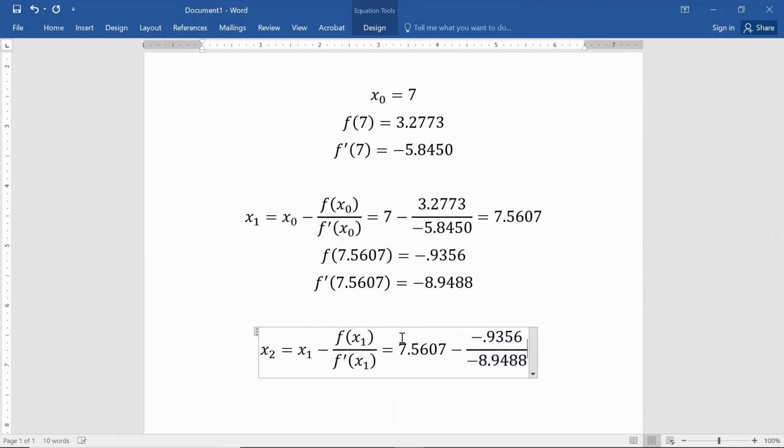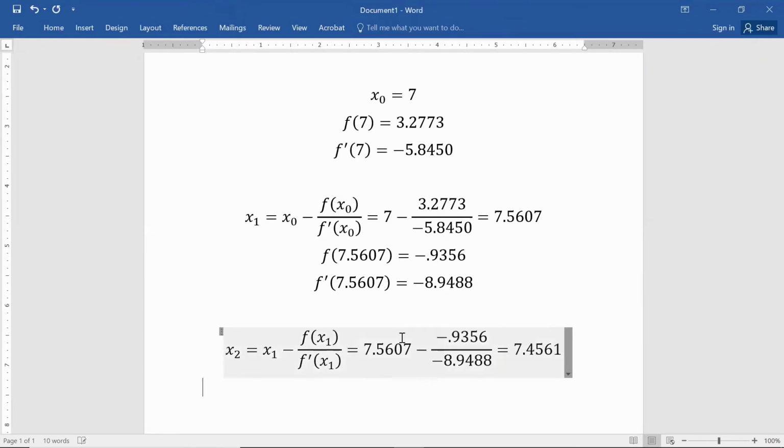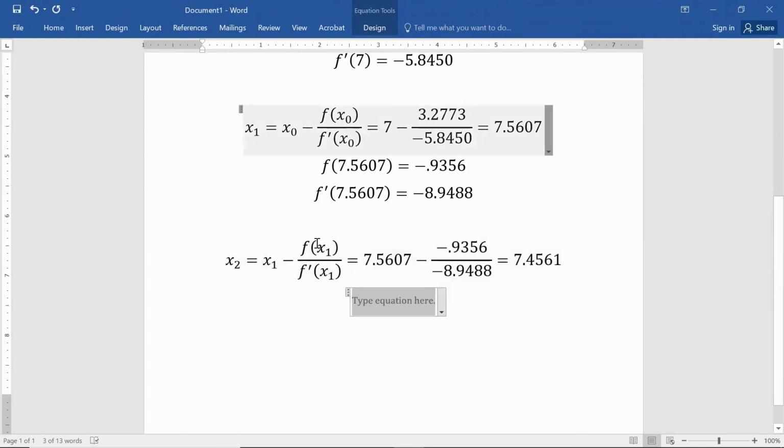When I did that calculation, I found that my second approximate value would be 7.4561. Just like before, we're going to plug that into our function and then plug that into the derivative.